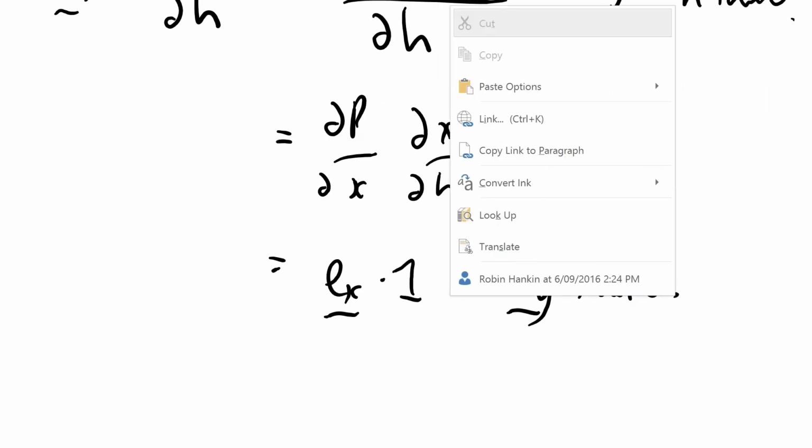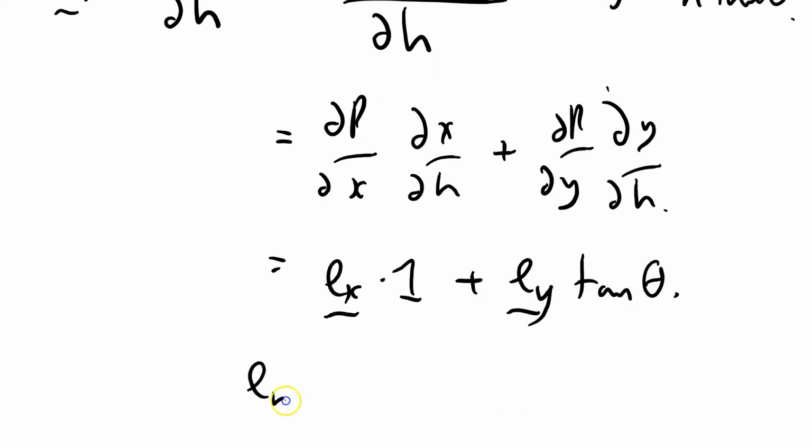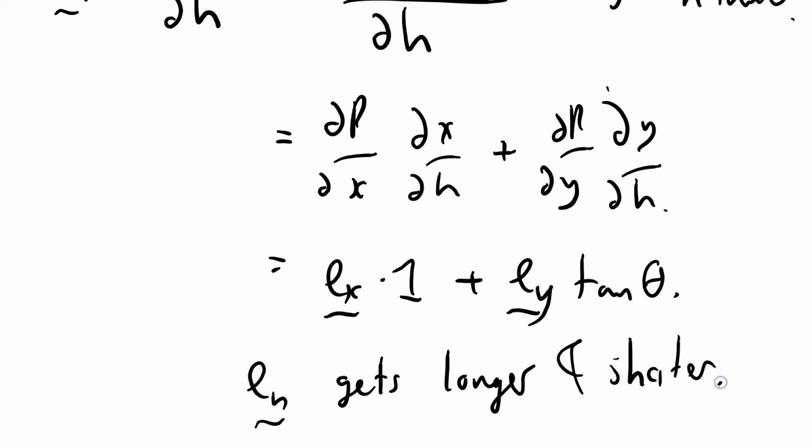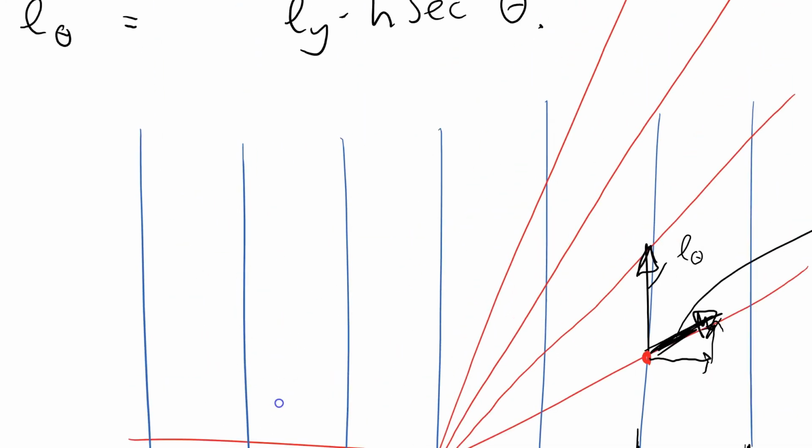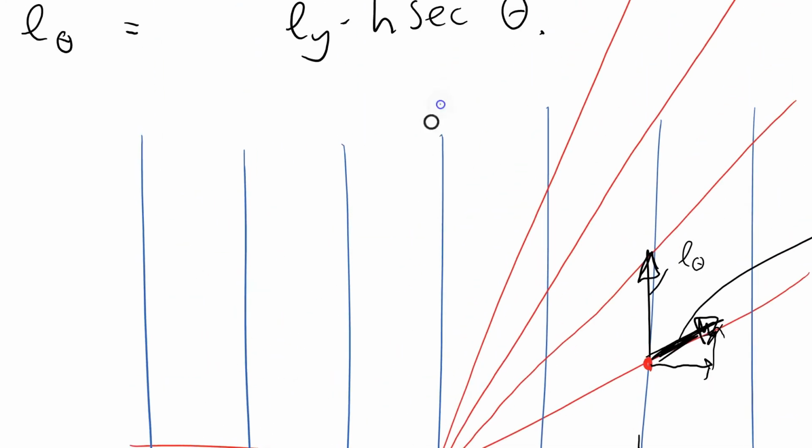Notice carefully that EH gets longer and shorter depending on where you are in your plane, depending on where you are in your world. Of course, if I change theta by a little bit here, you see we're going miles and miles and miles up here.